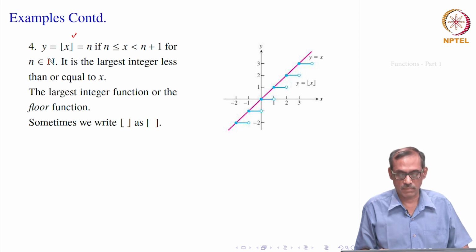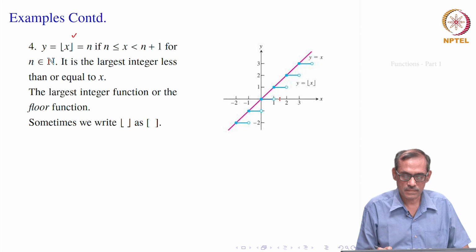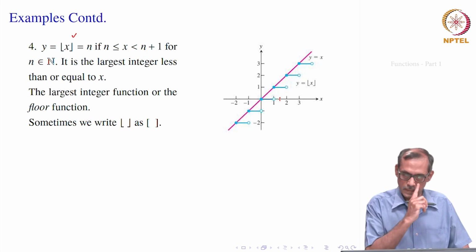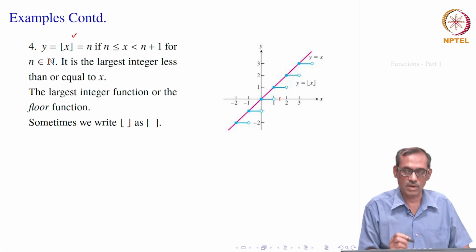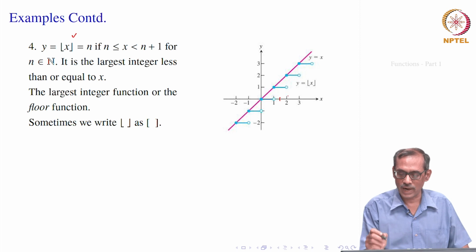So let us see, for example, x equal to 1.5. When x equal to 1.5, it is here. Now floor of x is equal to n if n is less than or equal to x less than n plus 1. This x, 1.5, lies between 1 and 2. So its value will be 1, y equal to 1 at that point.